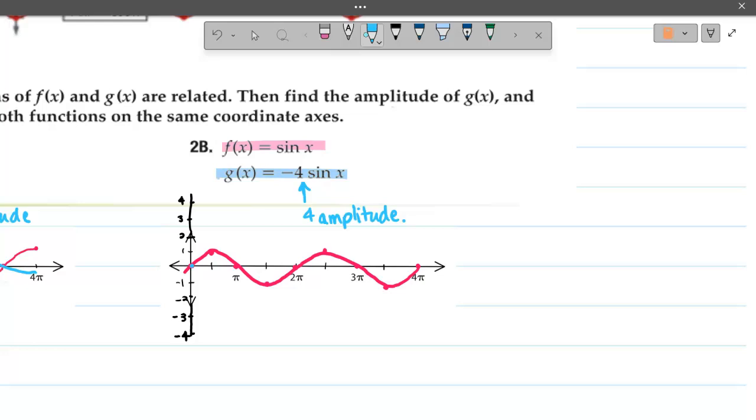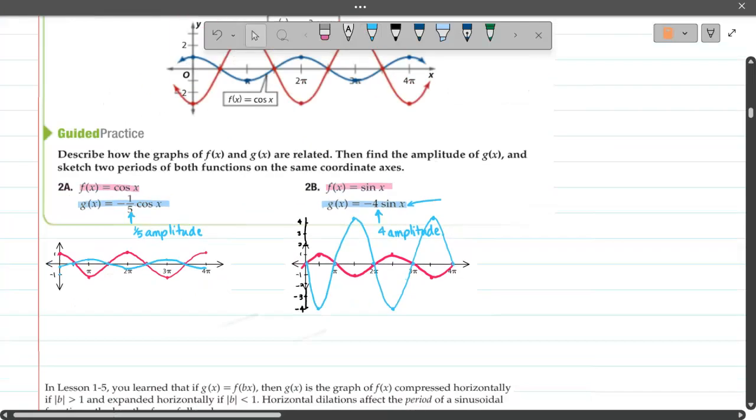And it's not just going to go down to 1, it's going to go all the way down to 4 because of its amplitude. Back to 0, up to 4, back to 0, down to 4, 0, 4, 0. So when we connect these, we have our sine graph that is -4 sine x.